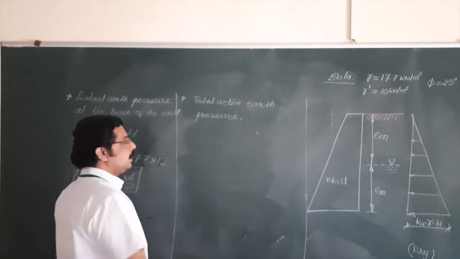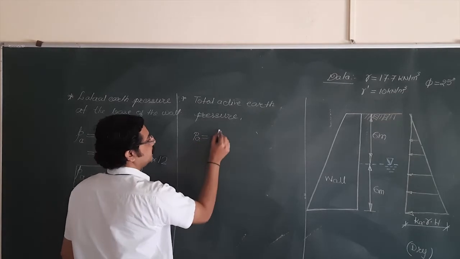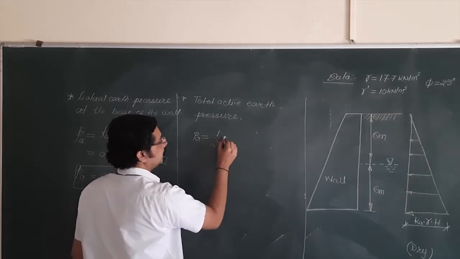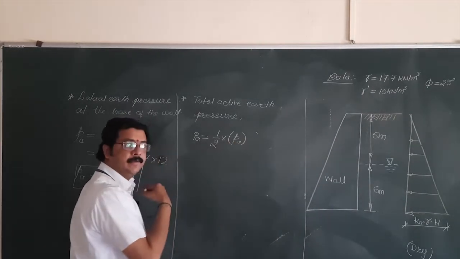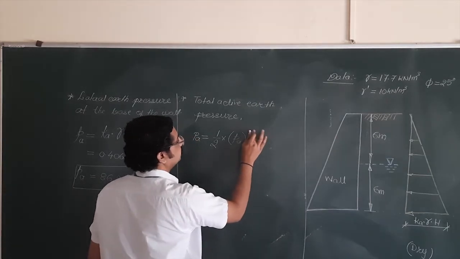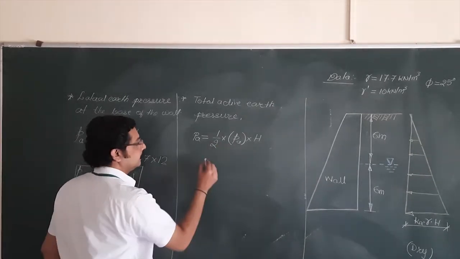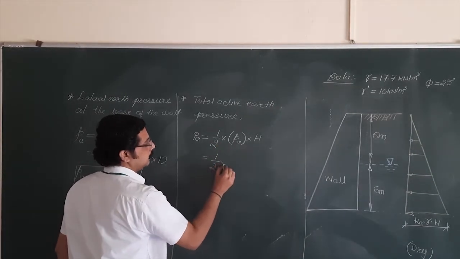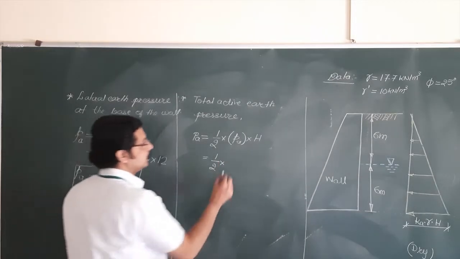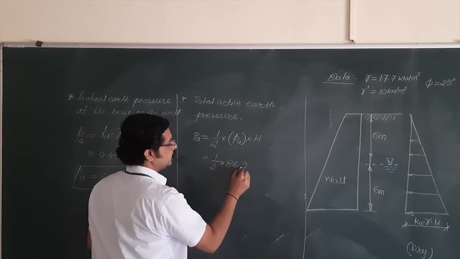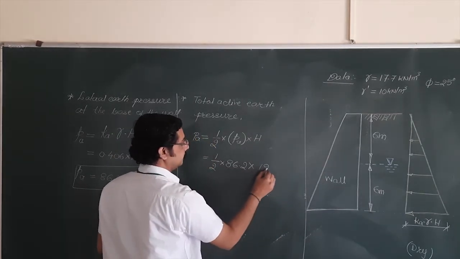Total active earth pressure is equal to capital PA, and the formula is area of the triangle, half base into height. What is base? Base is small pa, which we have just found out, multiplied by height H. This is equal to half multiplied by pA. How much is pA? pA is 86.2. So this is going to be 86.2 multiplied by height H. H is this complete 12 meter.